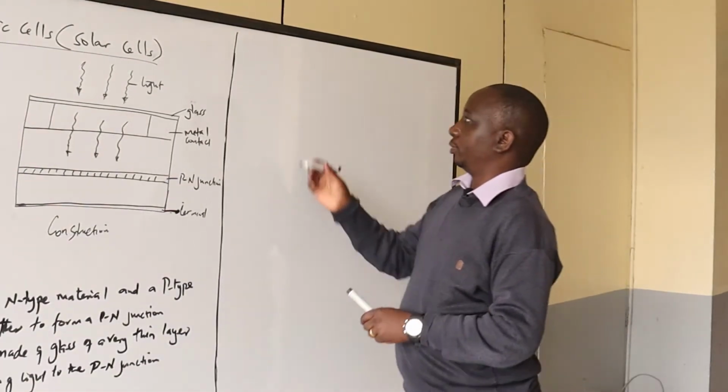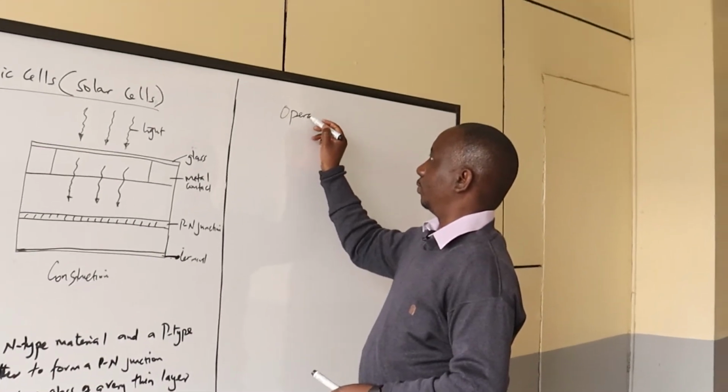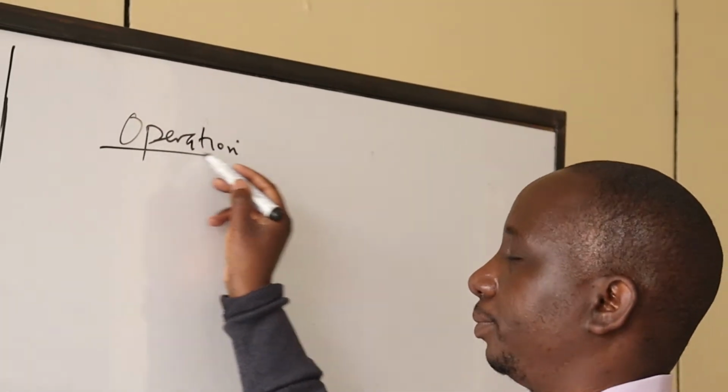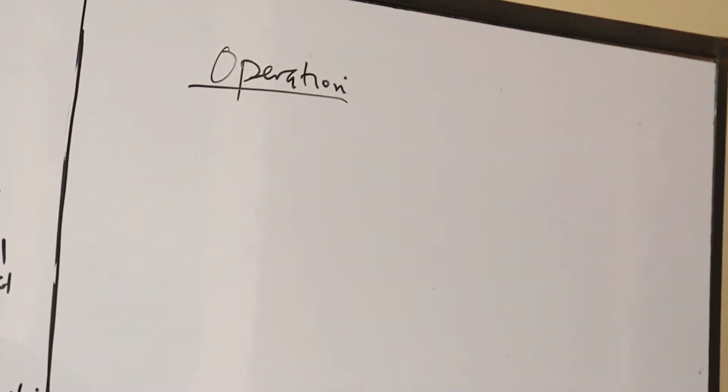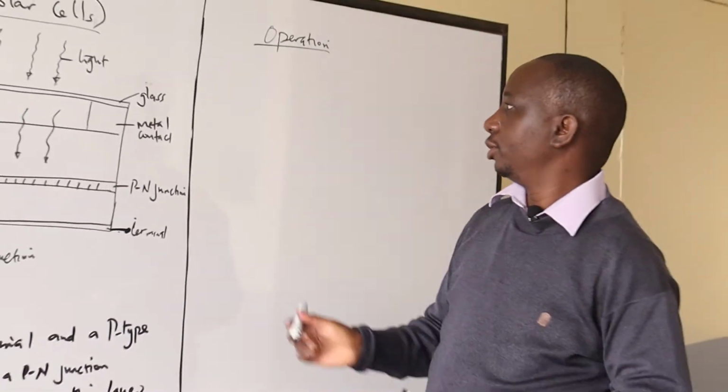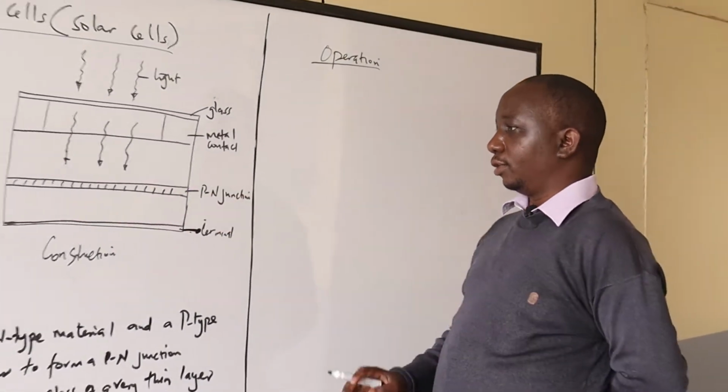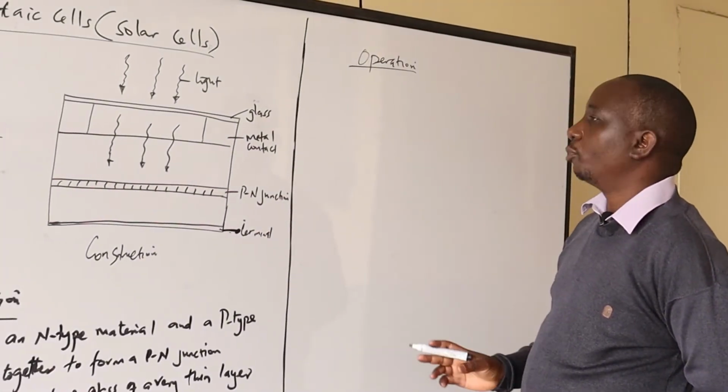So operation, we're starting on the operation so that we understand what happens. When the PN junction of the solar cell is illuminated, electron hole pairs are generated. When this light reaches the PN junction, we generate electron hole pairs.